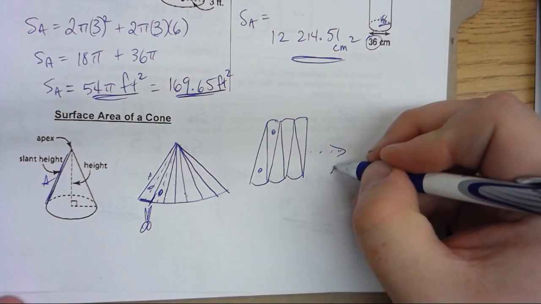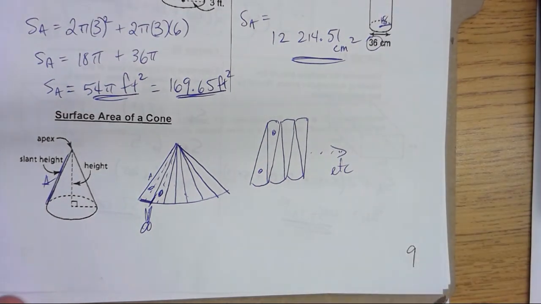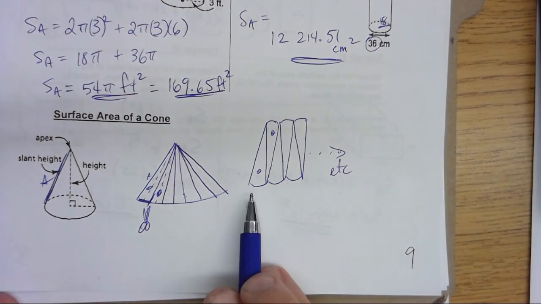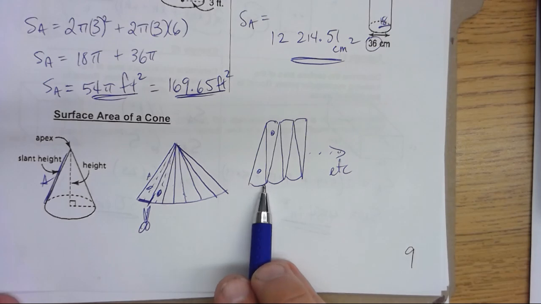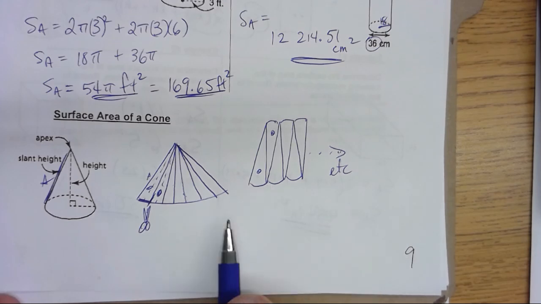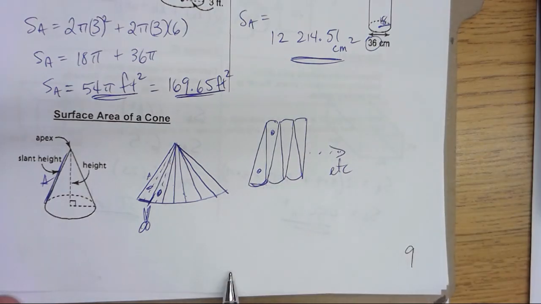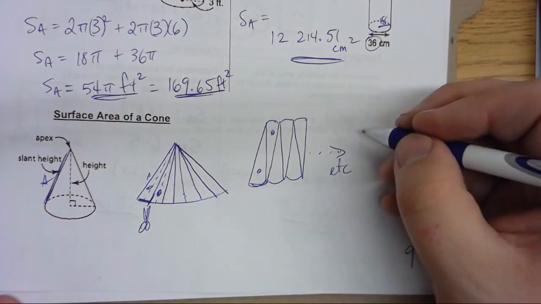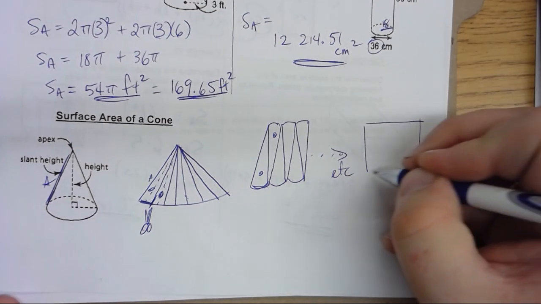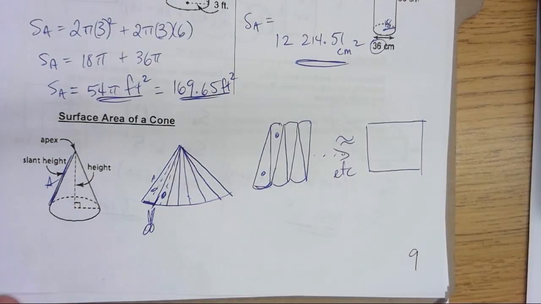And keep doing that. Now, thought experiment. If I make these as short as possible, this curved part here would begin to look more and more like a straight line if I made a smaller and smaller curve. So eventually, this will approximate a rectangle.